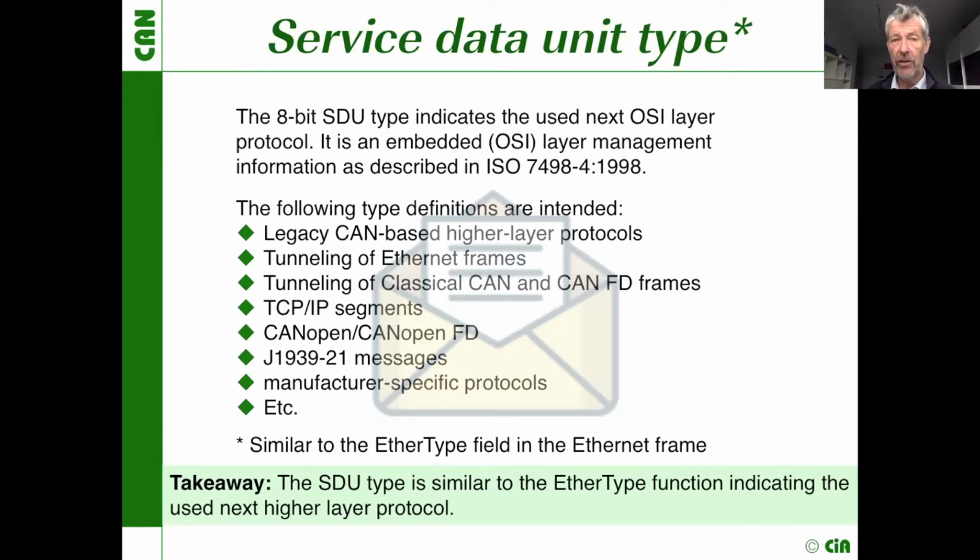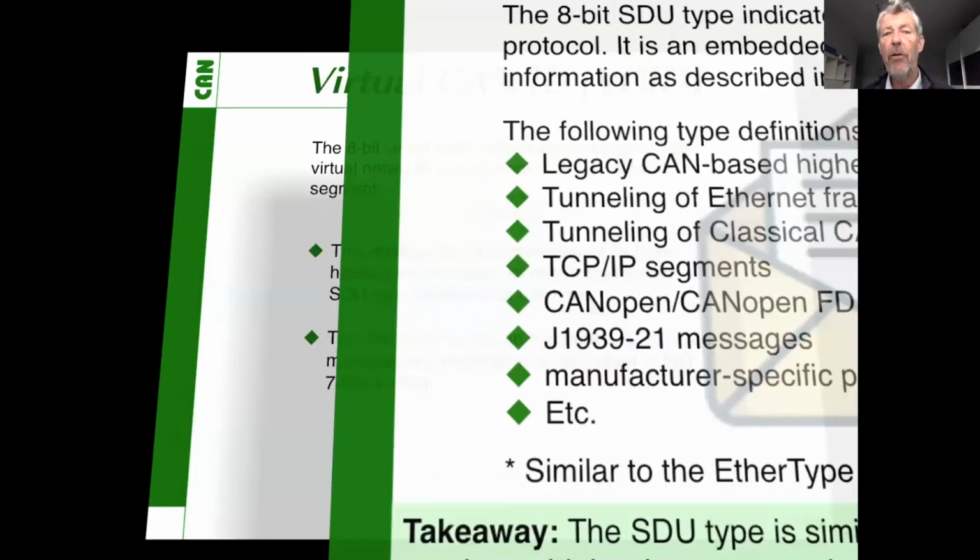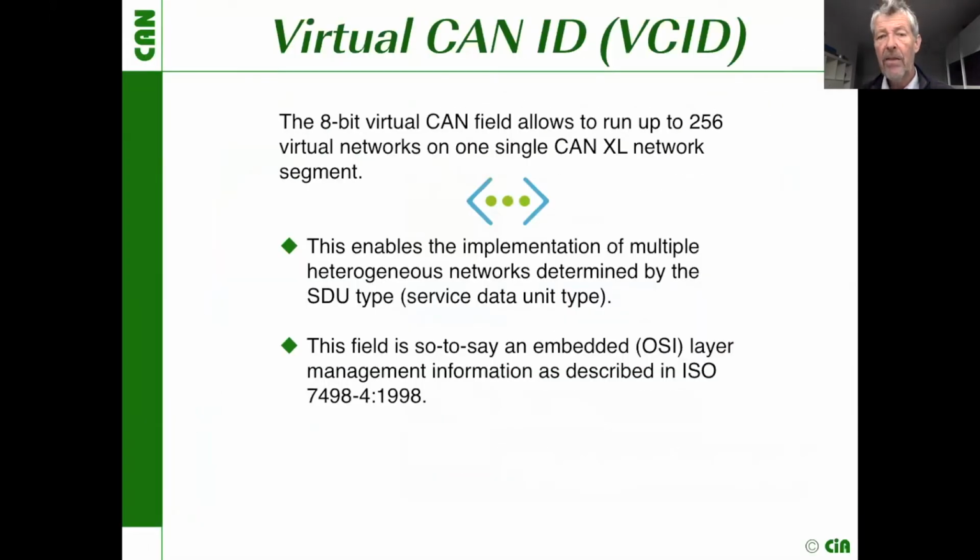In addition to this, we also have a virtual CAN ID. This is similar to what is used in Ethernet as well. We have there the virtual LAN indication, and we have also an 8-bit field and can run up to 256 virtual networks on the same single CANXL network.